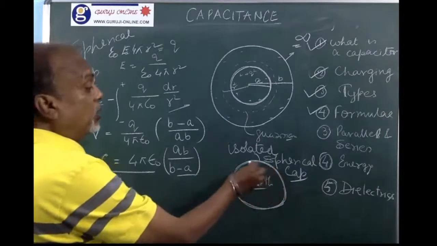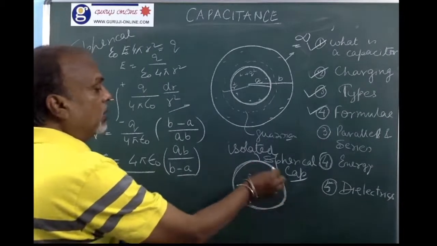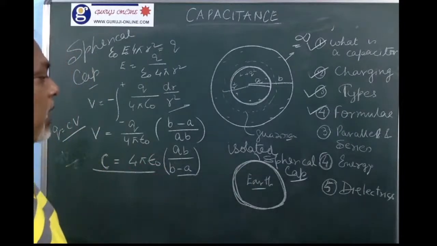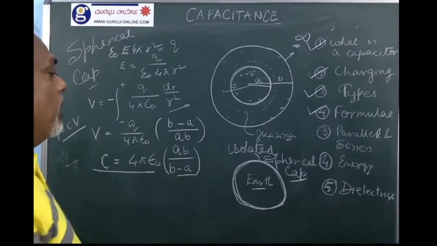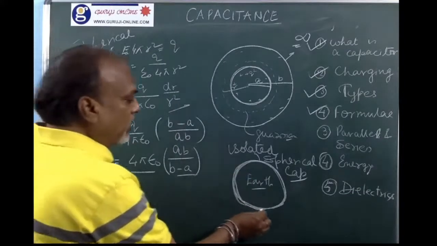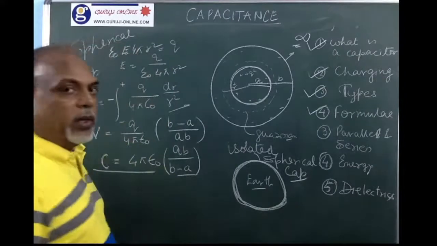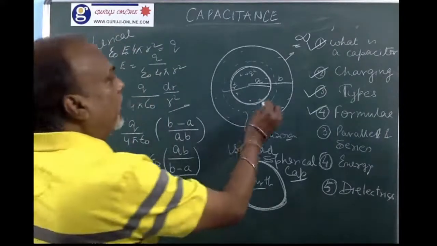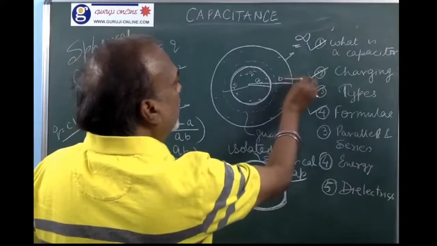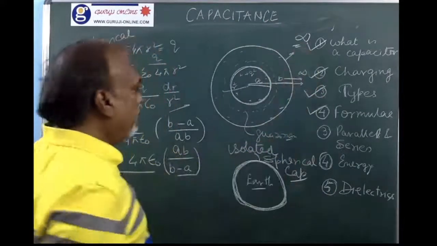it has charges. And the charge burst occurs during the lightning. What will be the capacitance of this isolated sphere? Here, what we assume, this B is going to infinity.